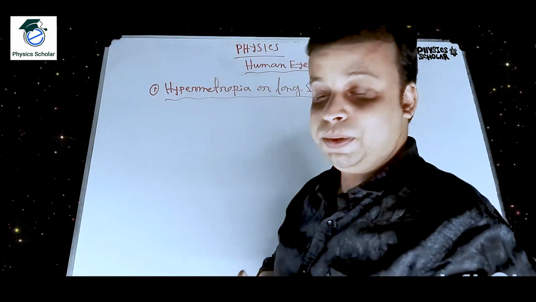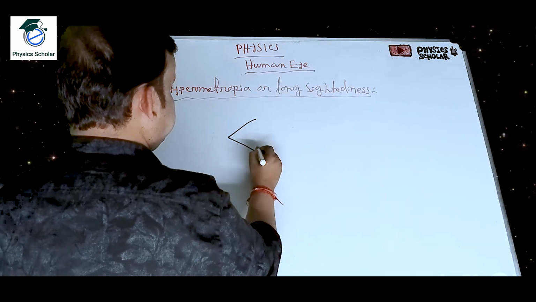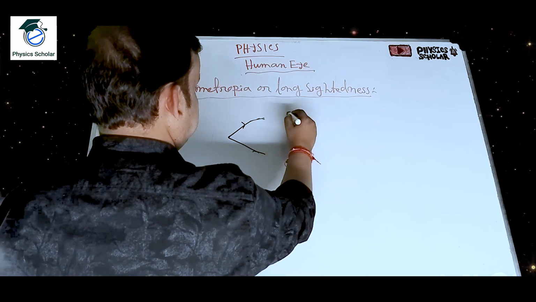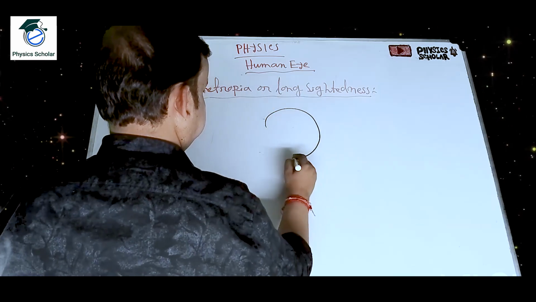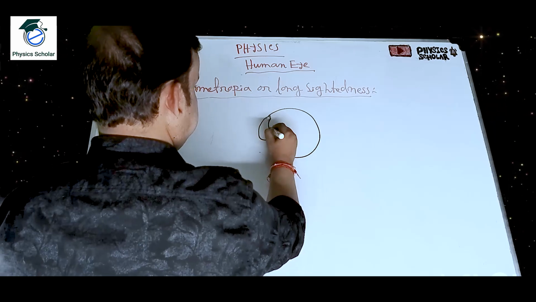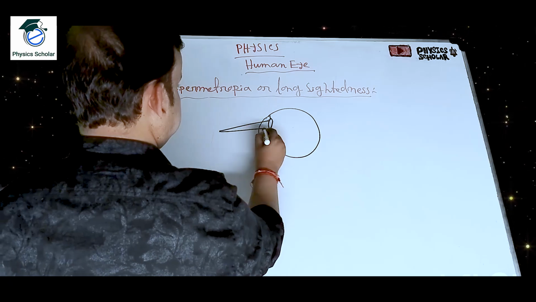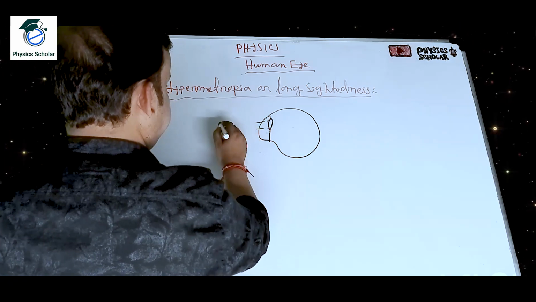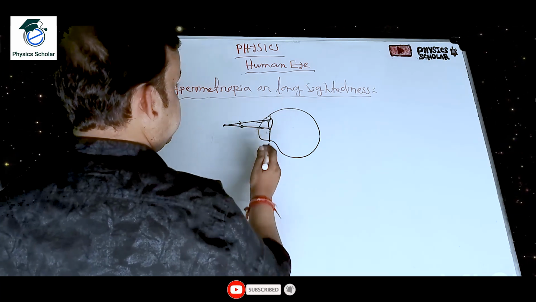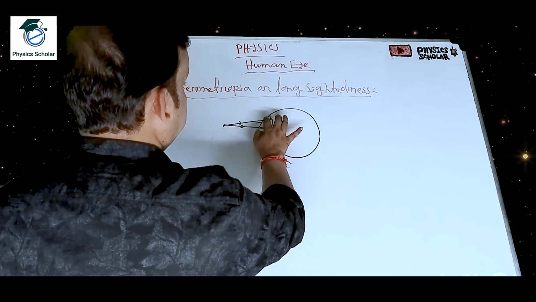Suppose this is our eye lens, and from the nearby object the rays are almost divergent in nature. The lens will not become thicker, so it cannot increase the converging power.